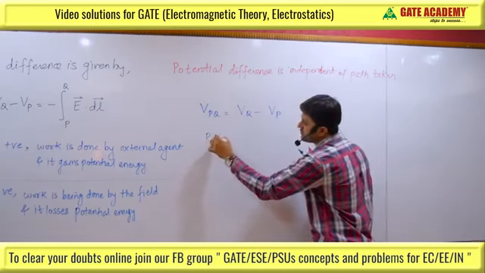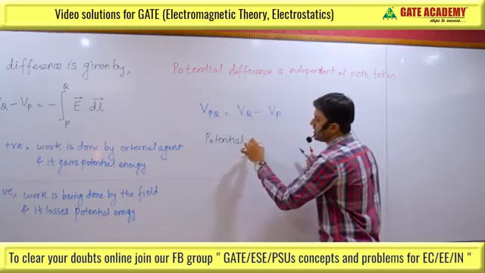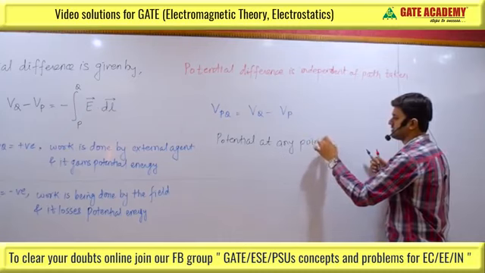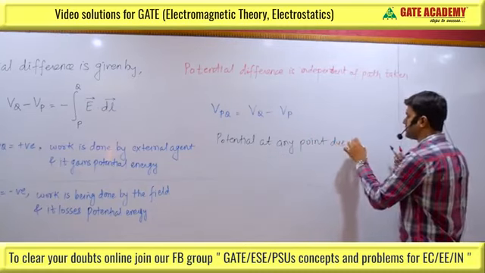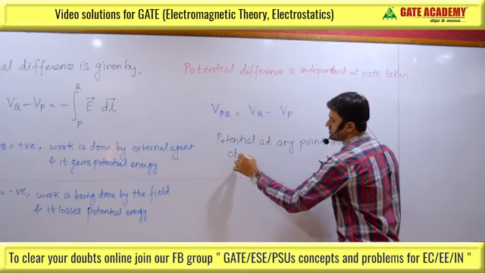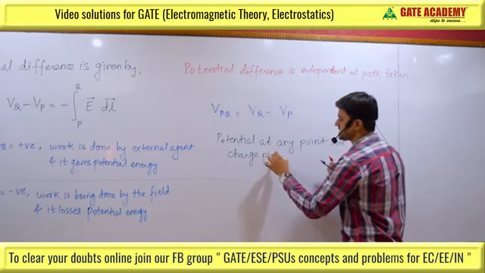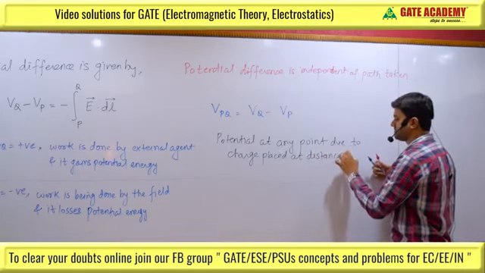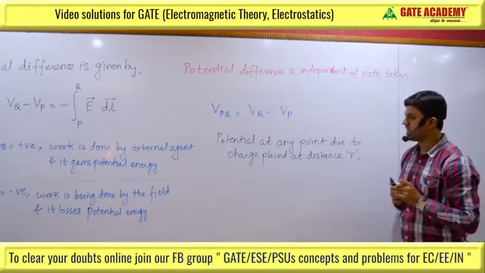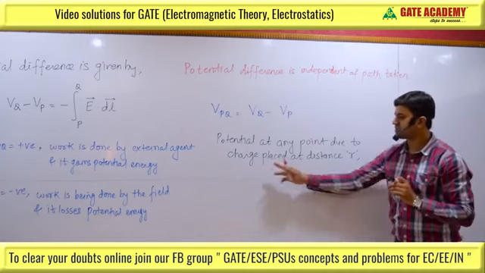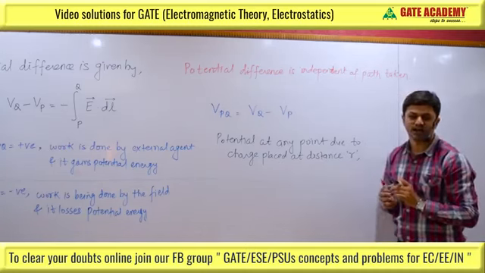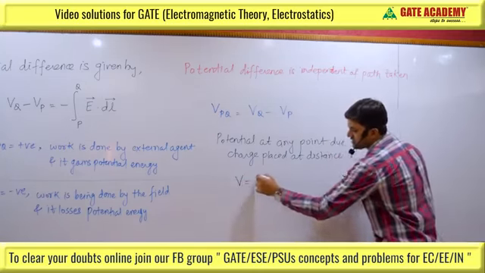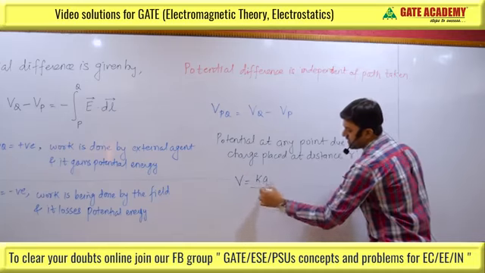If we write the potential at any point due to a charge placed at a distance r, it is given as kq by r.